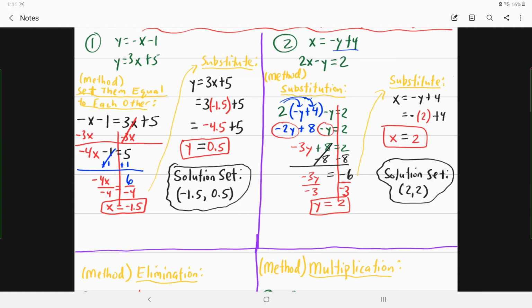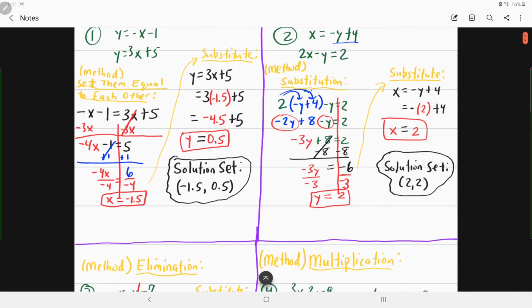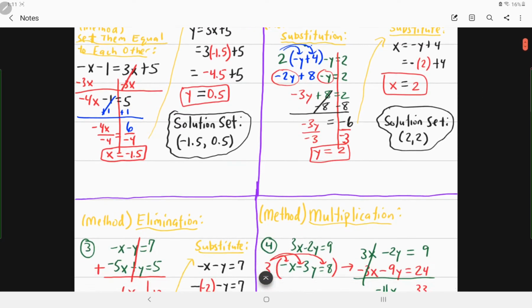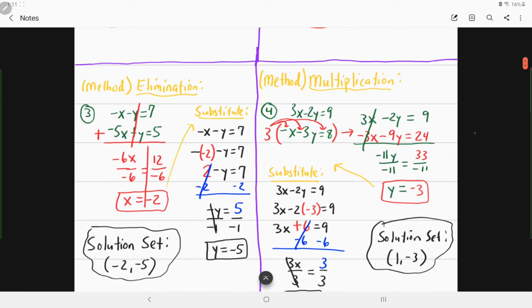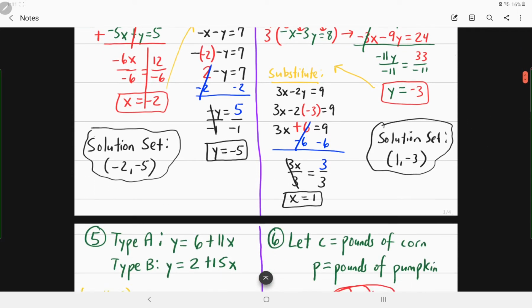Number one, I set them equal since they both have y equals and y equals. Two, I used substitution because we have the value for x already by itself. Number three, I chose elimination since the y's would cancel immediately. And number four, I chose multiplication since if I multiply, I can get rid of my x's right away. Again, you have different options.